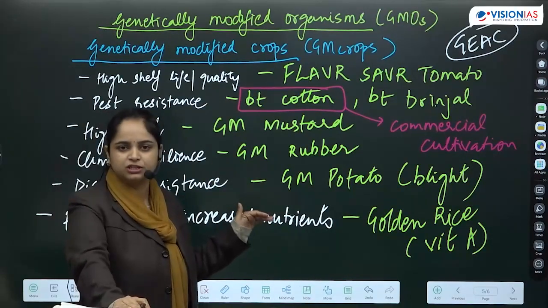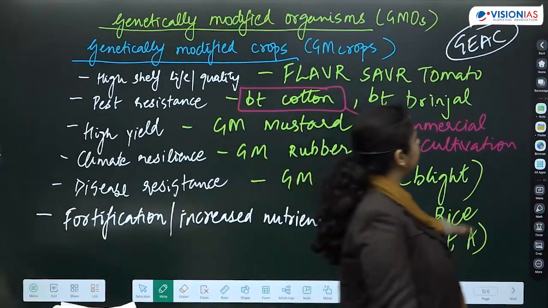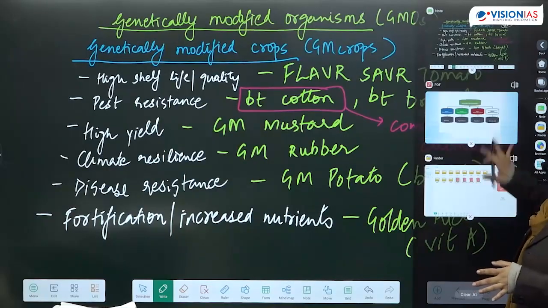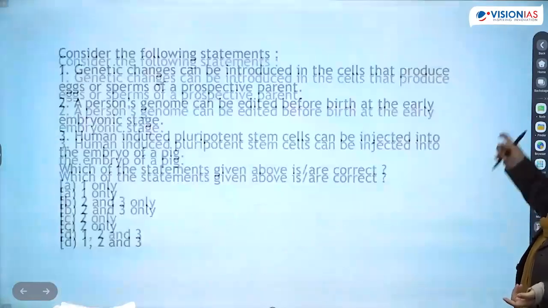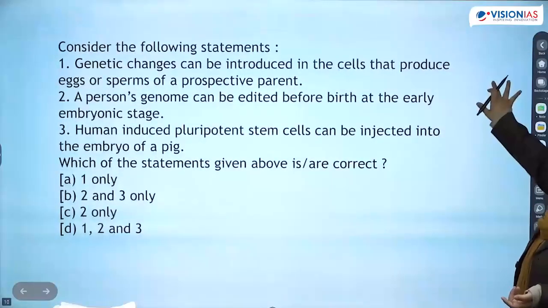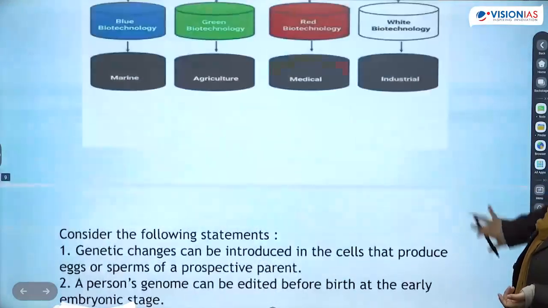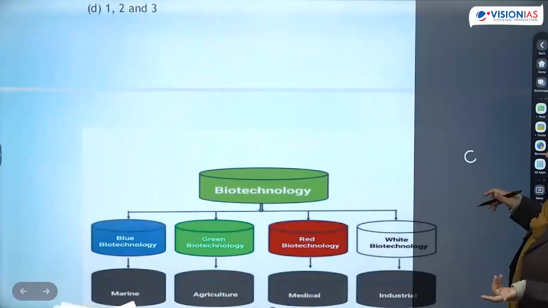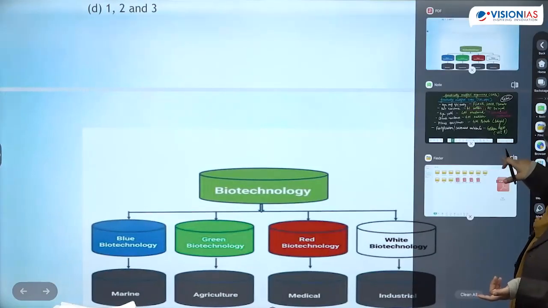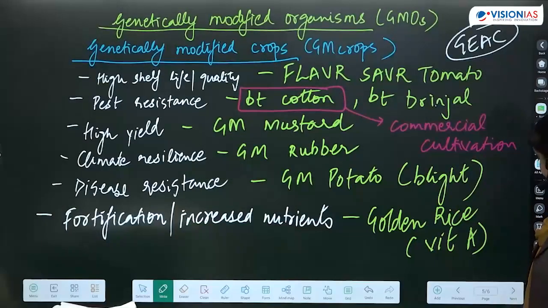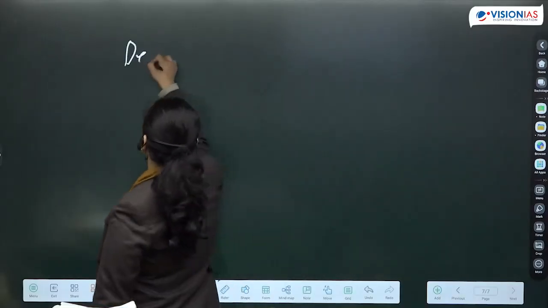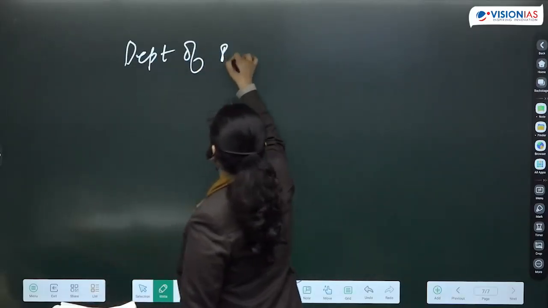When you read about such controversies, you'll have to give attention to that whole regulatory system. I'll give you a little bit idea about that also. So you have the Department of Biotechnology.